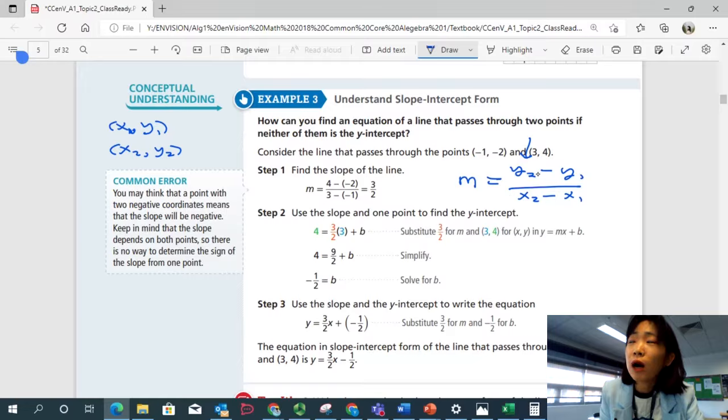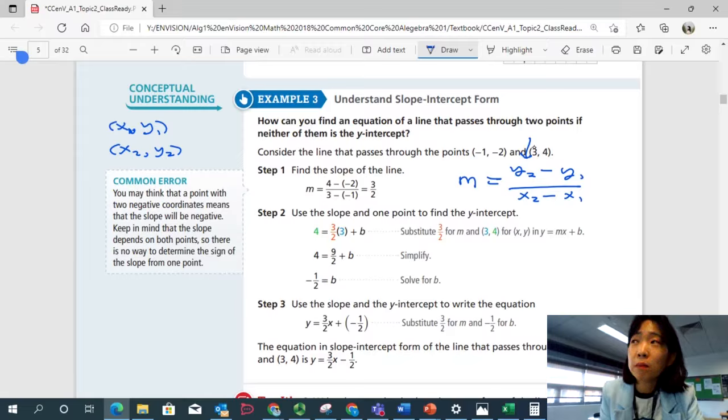So that's why we distinguish them with y sub 2 and y sub 1. It means you're going to use the second point's values for the second point. Whatever your first point is, you can choose which point is the first one and which is the second.